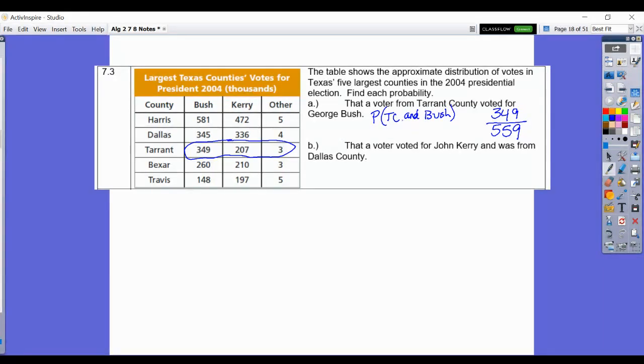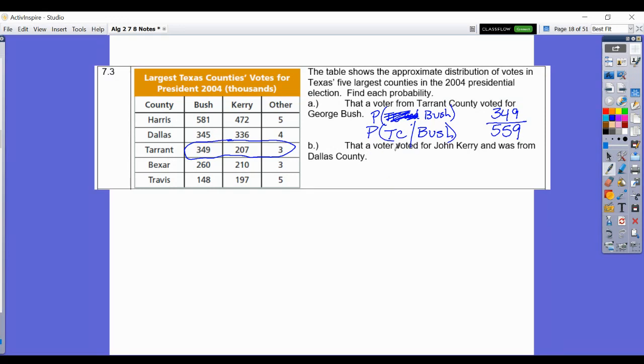Sometimes you get simple questions mixed in with the hard ones and it makes them a little bit harder to understand, but that's all they want. So it's really just the probability of Bush, given that they're already in Tarrant County. So I should have written it like this. It's not an and statement.